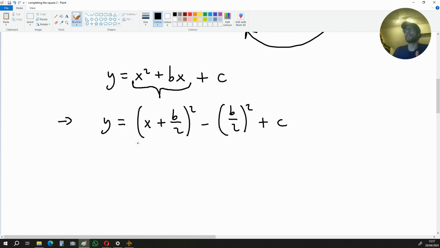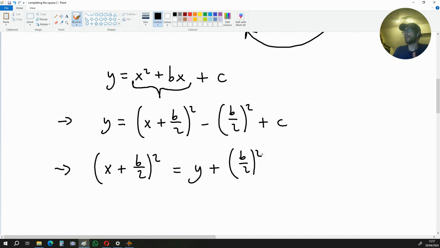Now we can add b over 2 squared to both sides of the equation, and we can also subtract c from both sides. So what we get is x plus b over 2 squared is equal to y plus b over 2 squared minus c.